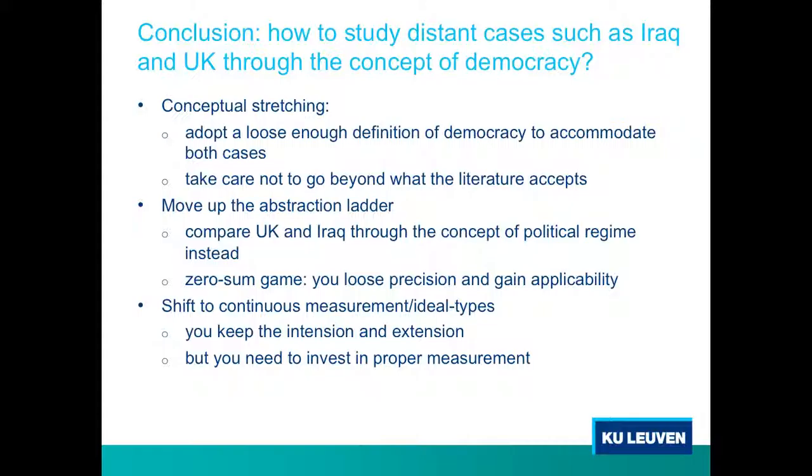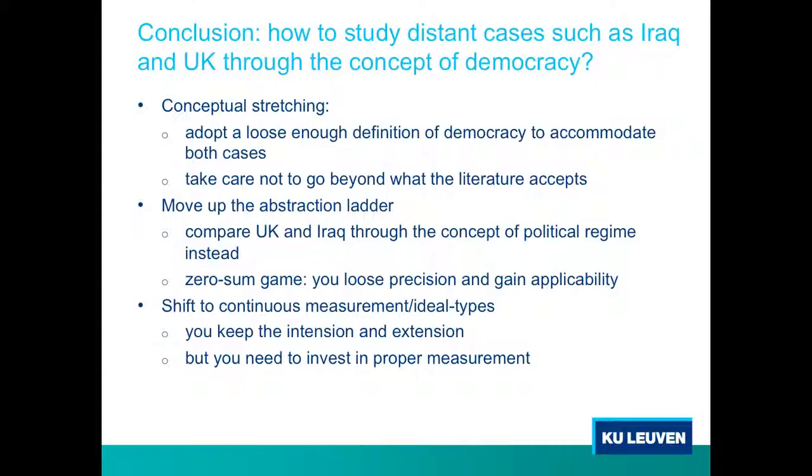to move from democracy to political regime. And the last option, which is actually quite popular, is to shift to a continuous measurement, or to consider democracy as an ideal type. In that case, you keep the best of both worlds. You keep a very precise concept of democracy, the most precise concept possible, actually, and you are capable of comparing both countries through that concept.